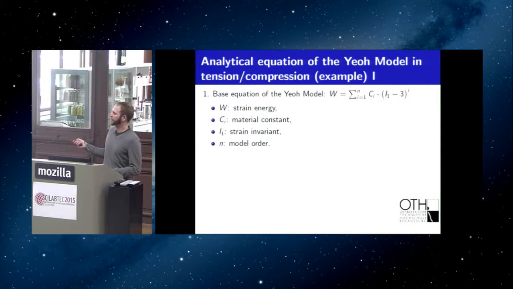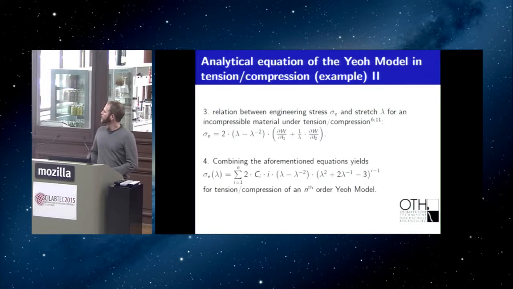It doesn't even have any stretch in it. Now the stretch equations should actually be down here, but you can find them in the literature. More important, the equation shown in point number 3 shows the relation between the engineering stress and the stretch, which is basically the lambda in here.